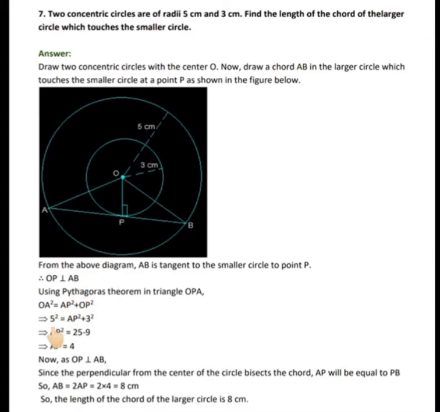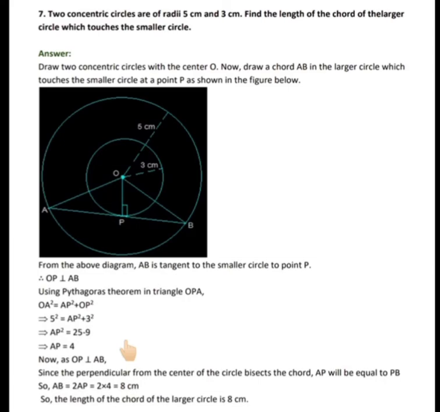By putting their values in this equation, we will have 5 square is equal to AP square plus 3 square. 5 square is 25, 3 square is 9. When we transpose this 3 square, which is 9, to LHS, the equation becomes AP square equals 25 minus 9. 25 minus 9 is 16.